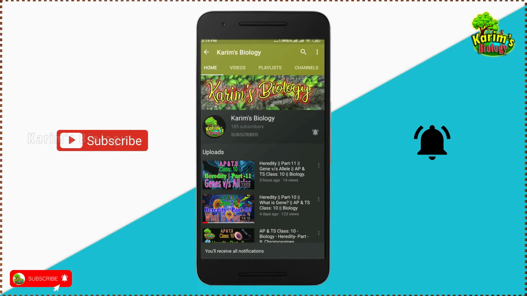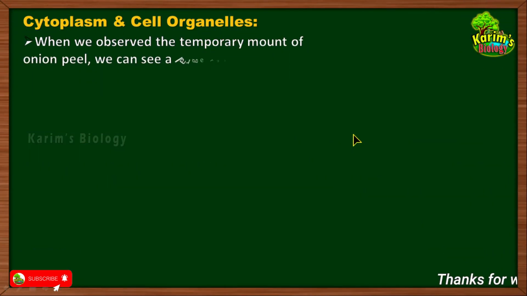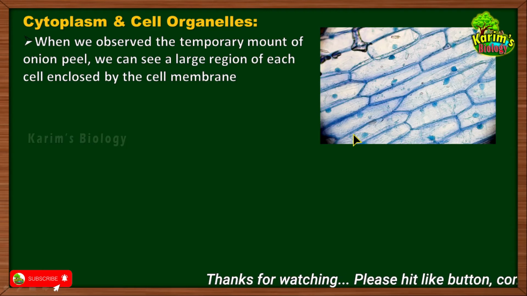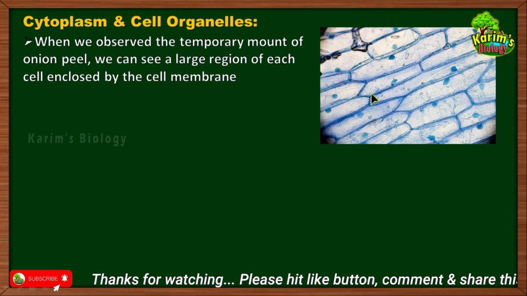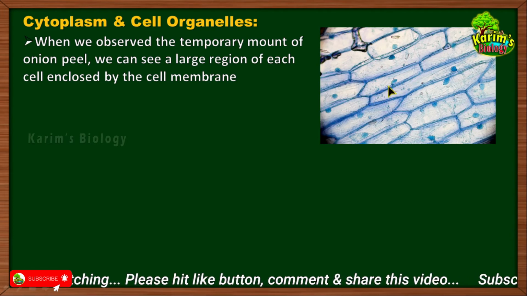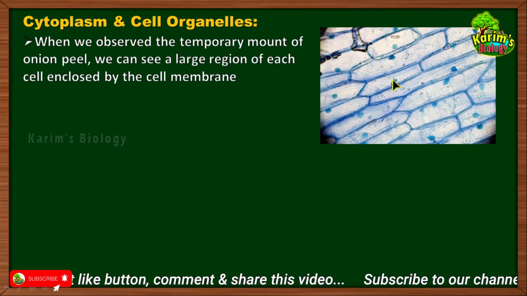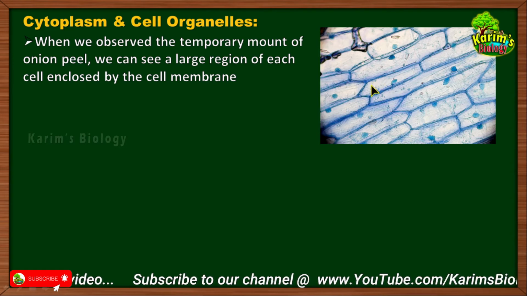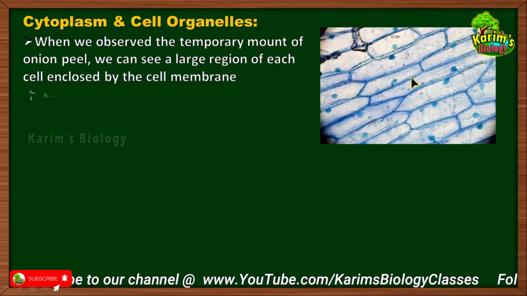Dear students, do you remember that we have observed the onion peel cells under microscope? And what do you notice in them? We have noticed the cell wall, and we also located a nucleus which is conspicuous, right? But children, have you noticed that there is a region which is not well stained?